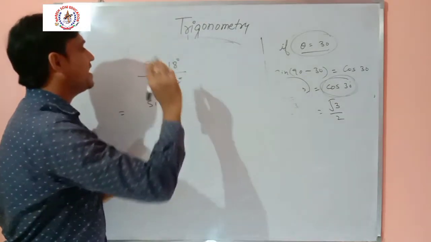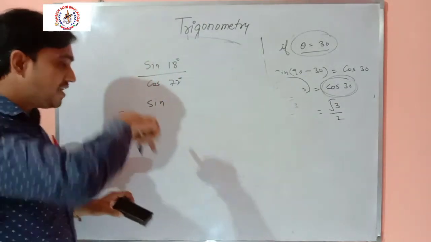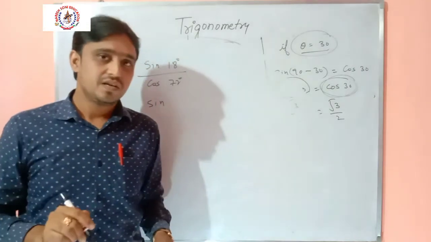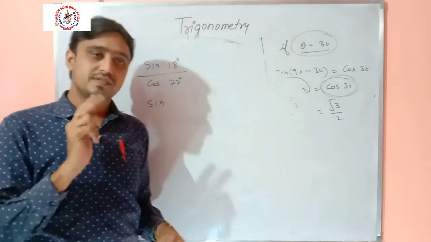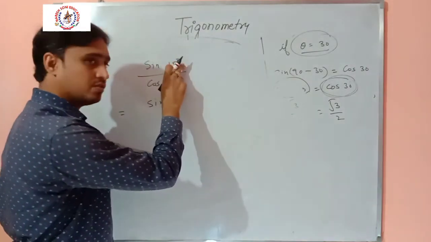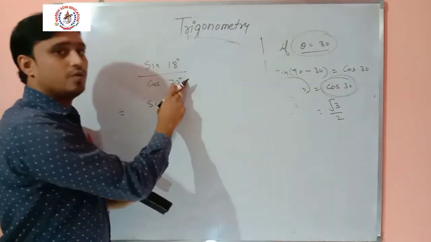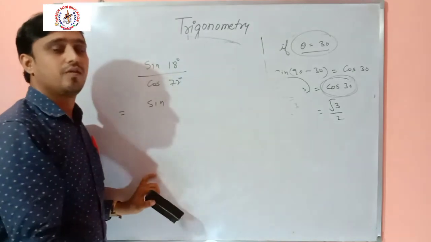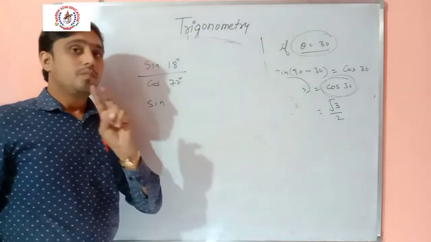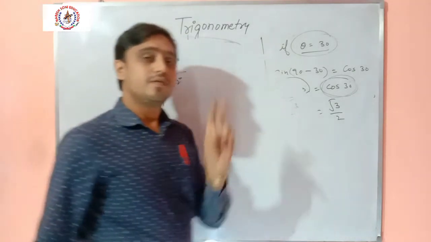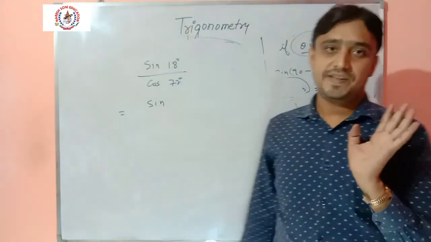Either you can convert sine 18 degrees or you can convert cos 72 degrees, not both. Remember, don't convert both at the same time.